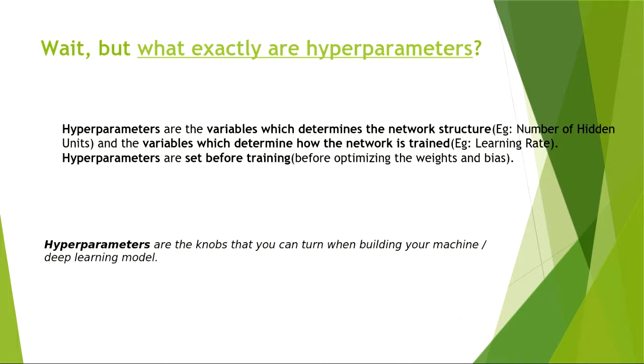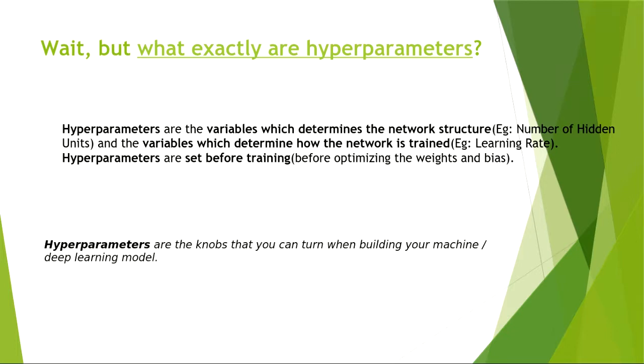And they are the variables that determine how your network is trained. When I'm talking about training the network, I'm talking about the learning rate, because this is the rate at which my network will learn. So these are the variables that determine your network structure, and also the learning rate.